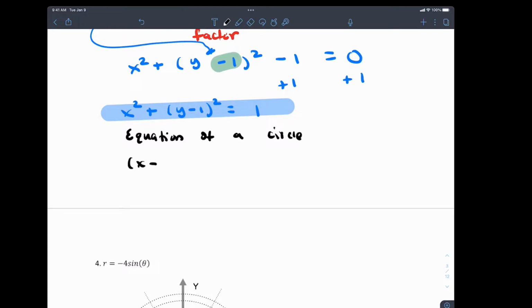It's (x minus h) squared plus (y minus k) squared equals r squared. So the center is at h, k, and the radius is r.